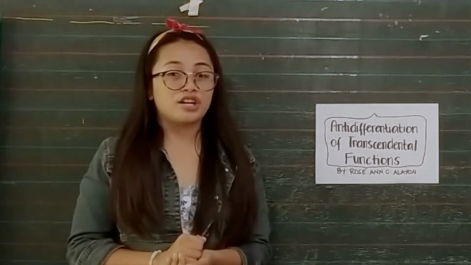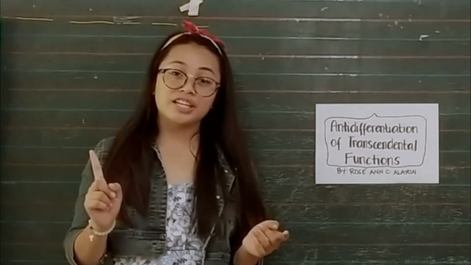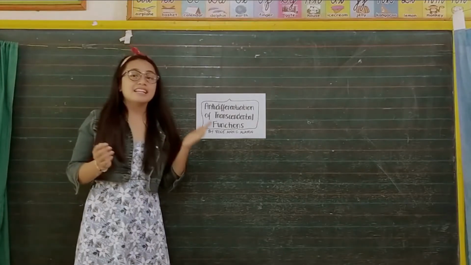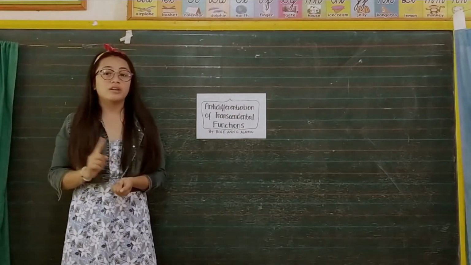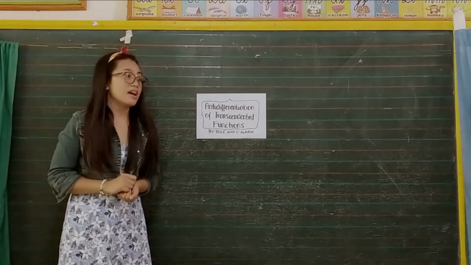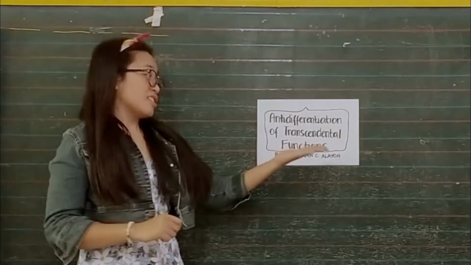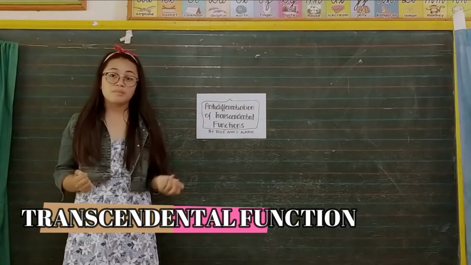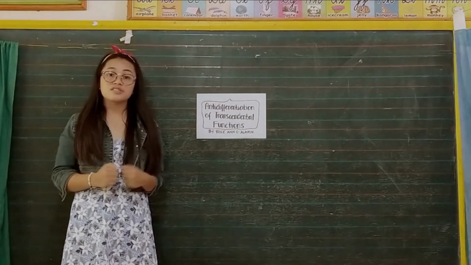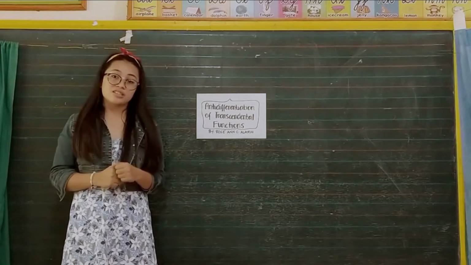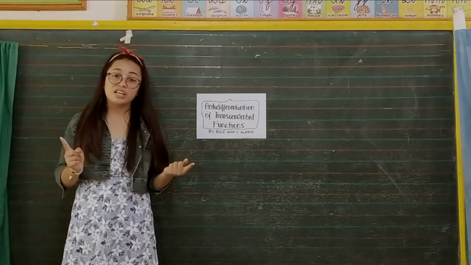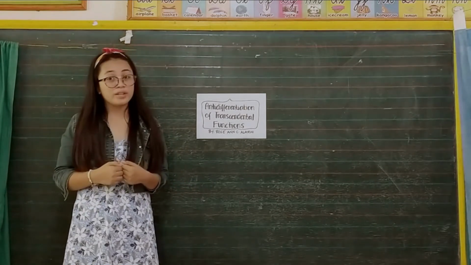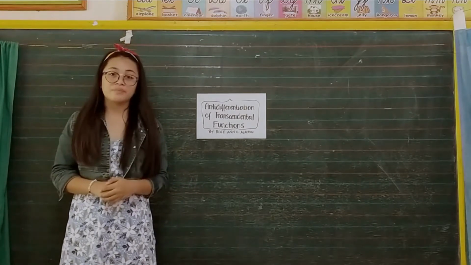So as we all know, there are a lot of types of functions. There is linear function, rational function, radical function, and even quadratic function. And this type of function is what we can only encounter in calculus. So in mathematics, transcendental functions are functions not expressible as a finite combination of certain algebraic operations such as addition, subtraction, multiplication, division, raising to a power or exponent, and extracting square roots.